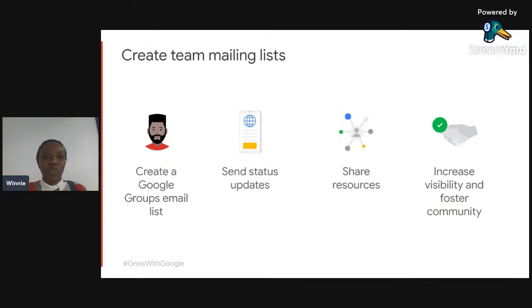So you can also create such a list, so that all the people in customer care are grouped under customer care, and the people in sales are grouped under sales. So you can send status, share resources, and just foster a community really.